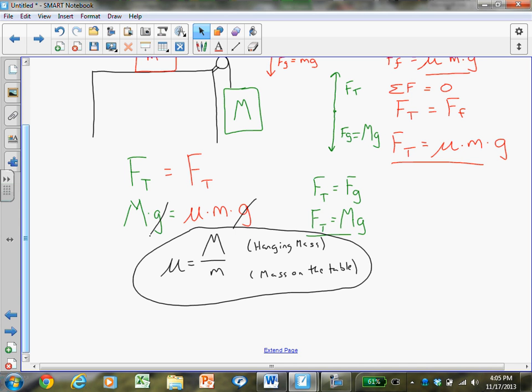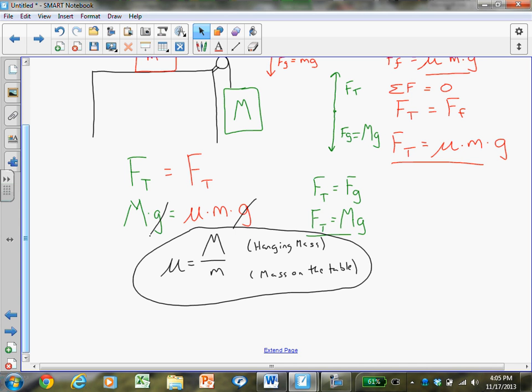Maybe just a little bit of sand for very slippery surfaces, and more for very sticky surfaces, our measurement of sticky is mu. So as we add more and more to the hanging mass, and eventually it moves, we can calculate our coefficient of friction. Well, that's one way.